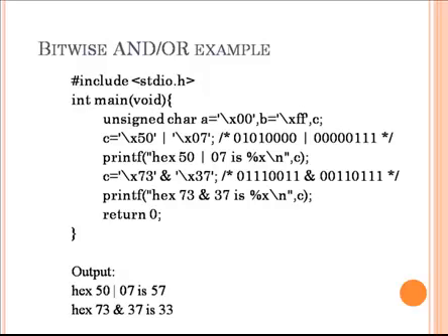In the second statement of the program, we are performing a bitwise operation, that is 0x50 with 0x07. The corresponding binary representation for 50 is 0101 and 4 zeros. The corresponding binary representation for 07 is 4 zeros and 0111.